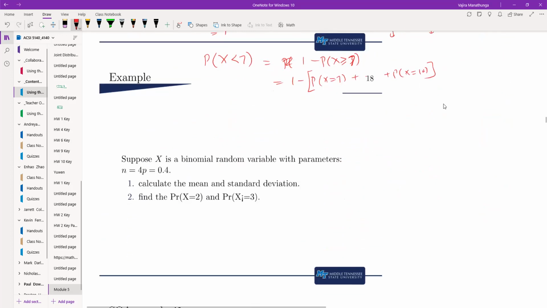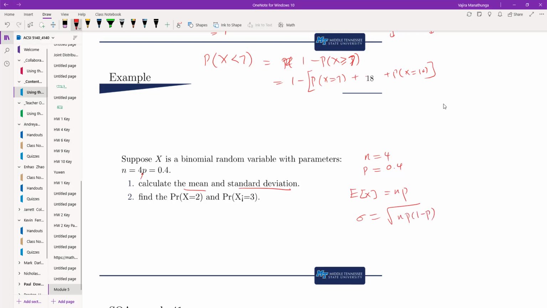So here is another question. Suppose X is a binomial random variable with parameters n equal 4 and p equal 0.4. So n is 4 and the success probability is 0.4. The mean is np. The standard deviation is the square root of the variance, which is n times p times 1 minus p.